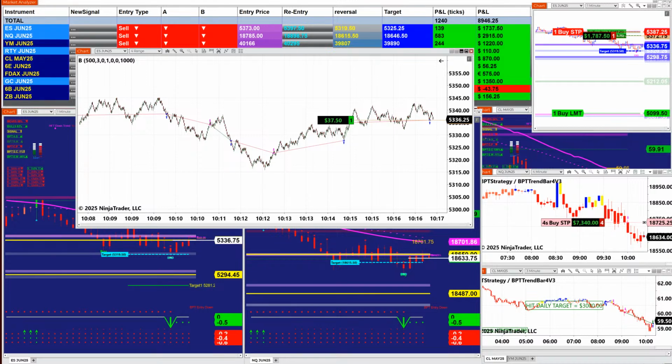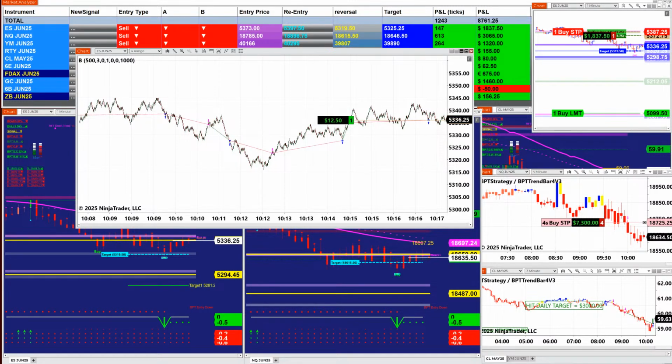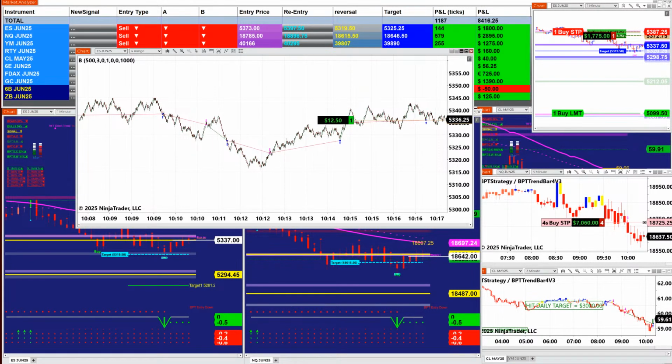So what we are doing now, we're going to modify it because it is very aggressive, and it made 3,800 within an hour. But to give it to the wrong hands, a lousy trader or an amateur trader, he can hurt himself on a bad day.